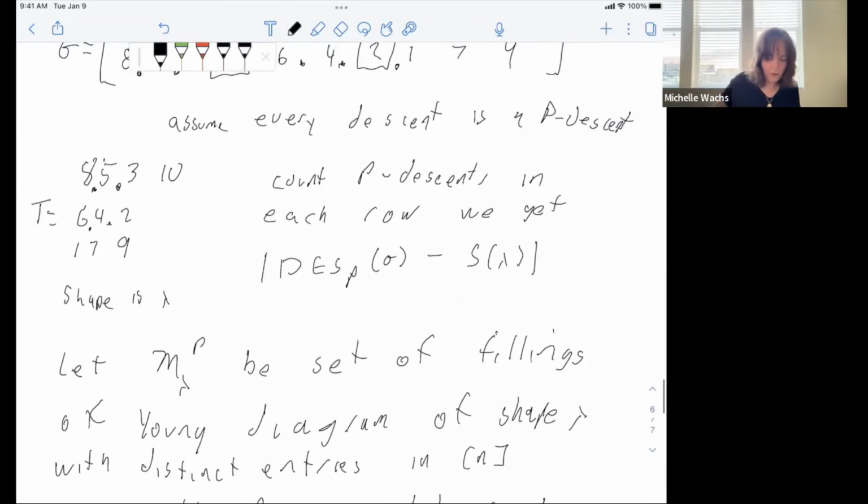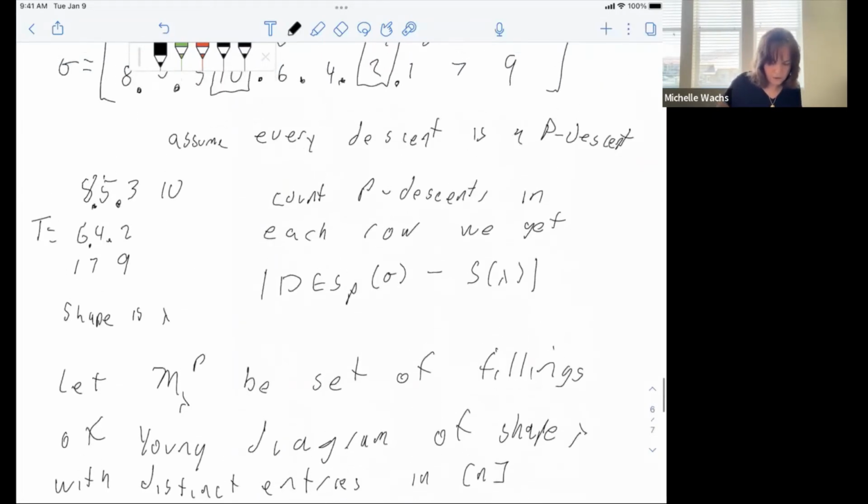Okay, so in each row, the entries go down and then they don't go down. This goes down all the way. This just goes up. I shouldn't say up, it doesn't go down according to P.